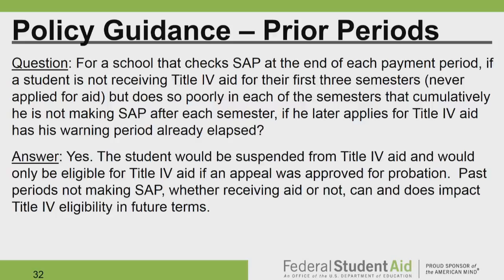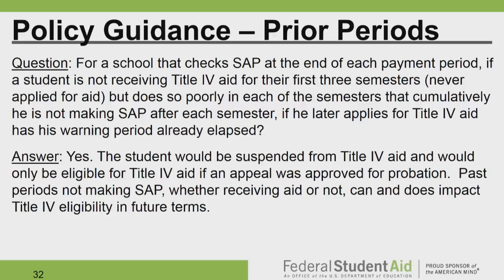One of them is, and I kind of mentioned this briefly, what if you have a student here in this example where they've been in school for 3 payment periods, 3 semesters, and each semester they did horrible. We'll pretend it's my brother, okay, because he did horrible. He was not getting Title IV aid, though, for those 3 semesters. Had he been, he would have been placed on warning in that 2nd semester.